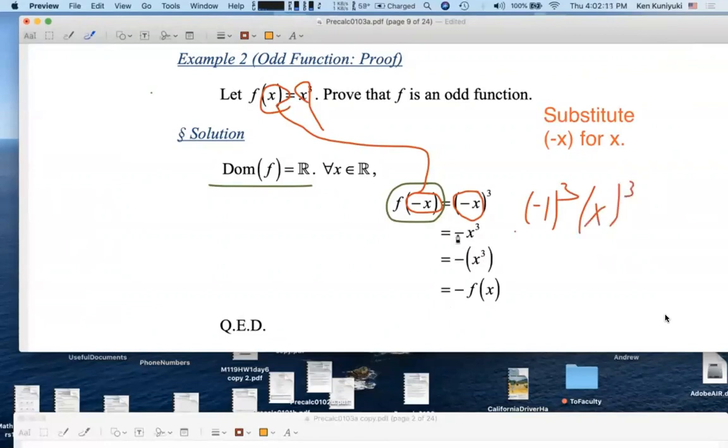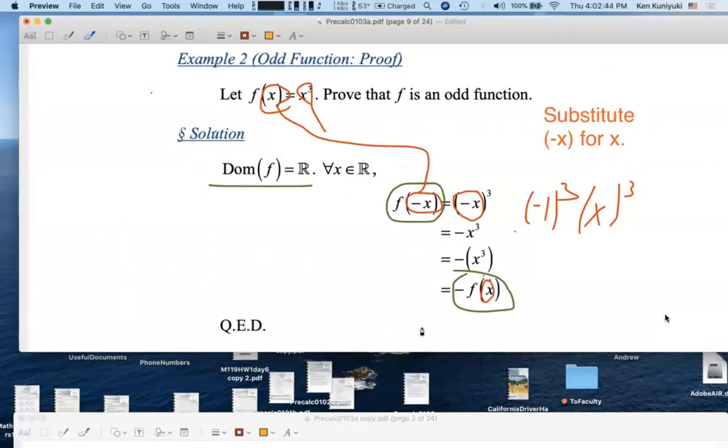All right. But this now is the opposite of the original rule. f applied to x yields x cubed, right? But f applied to the opposite of x yields the opposite of x cubed, the opposite of f(x).